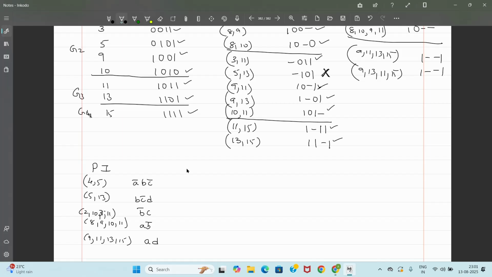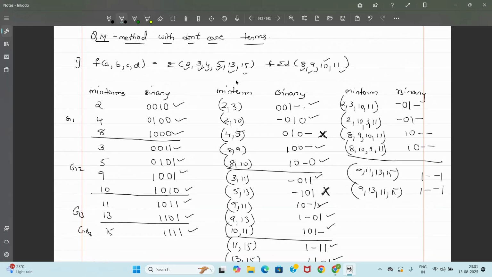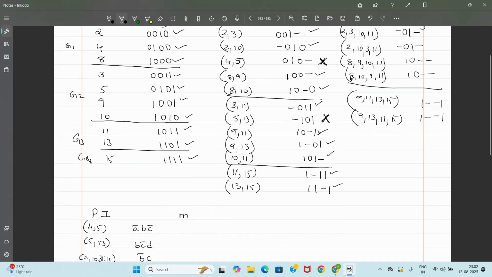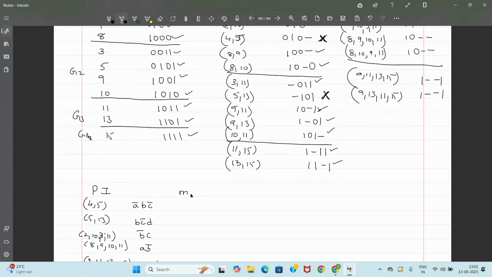Next step, as I told you, write down the numbers. You just look at the question. You list it in this order now. First, you can list all the min terms followed by all the don't care terms. Okay. So the min terms, if I take, it is M2, M3, M4, M5, M13, M15.